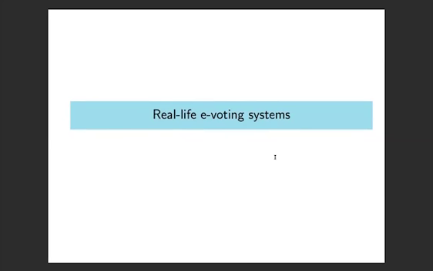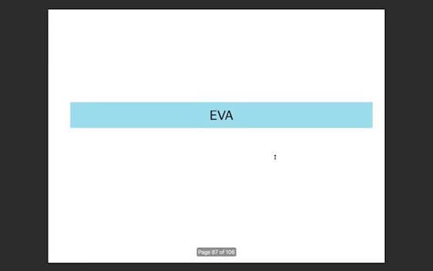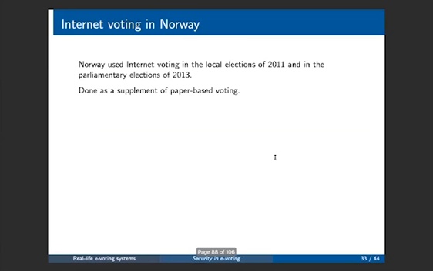And I can give you an example of something that they did. It's this real life e-voting system that they used in Norway. The system's name was EVA. As I mentioned at the beginning, Norway used internet voting for local elections in 2011 and parliamentary elections in 2013. In particular, I was observer of these last elections, the ones in 2013.